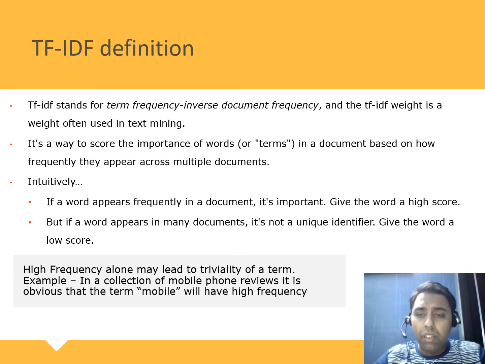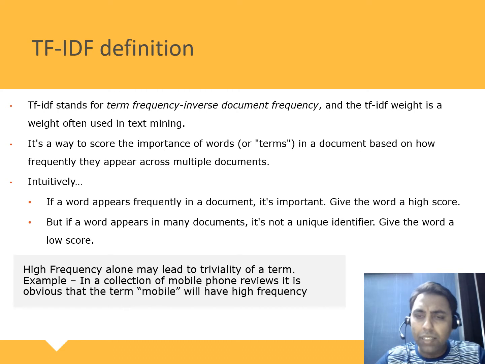Now think of a perspective that in the data that you're handling, there is a particular word which occurs across most of the documents. So let's say you have 1,000 documents and you have a word which occurs in, let's say, 800 out of those 1,000 documents, so 80% of the documents have that word.